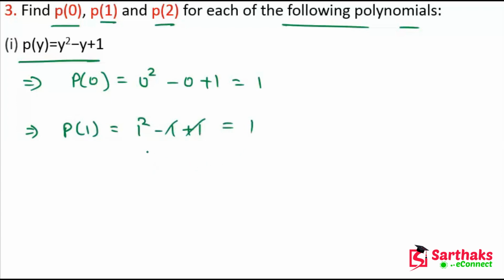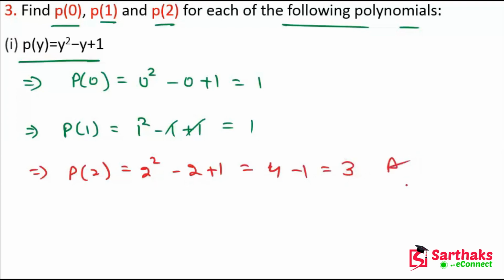Now p of 2 is 2 square minus 2 plus 1. So this will become 4, and minus 2 plus 1 we get minus 1, so this will give 3. So the answer is 3. I hope you get this point, how to find the values.